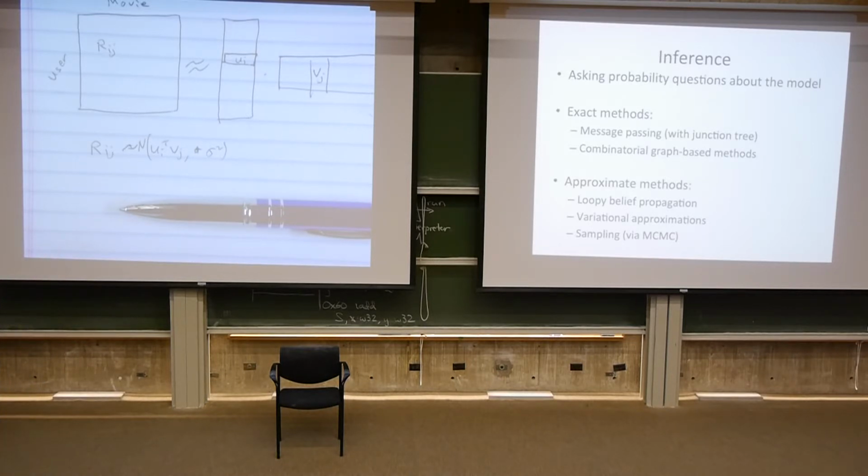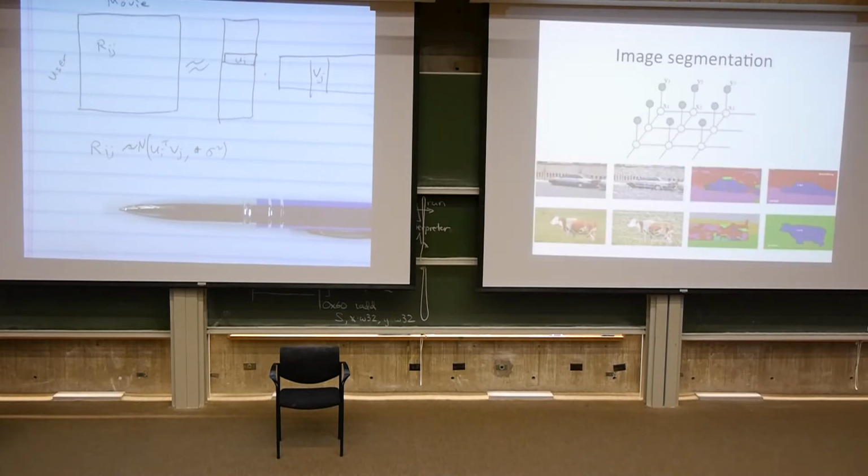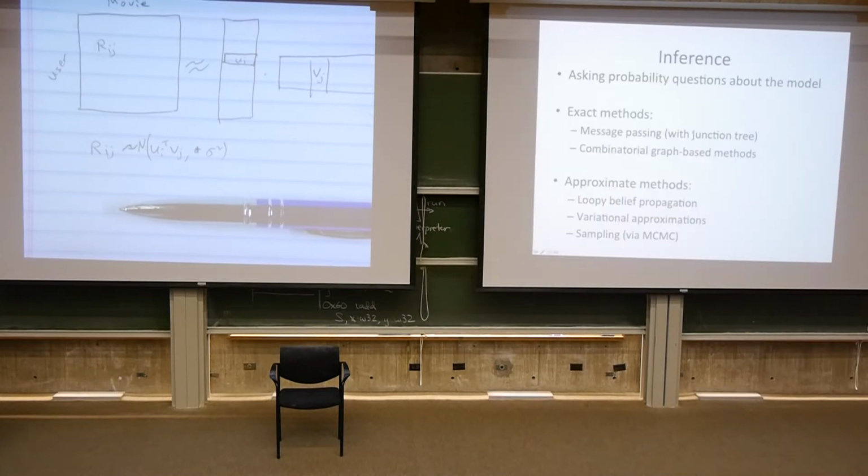That's an algorithm that reduces it from exponential in the number of variables to exponential in the tree width, which if the tree width is small, that's great. If the tree width is big, that's not so great. It's still exponential. So in a grid like this, the tree width is still exponential, and in a lot of models like that, message passing is still too slow.